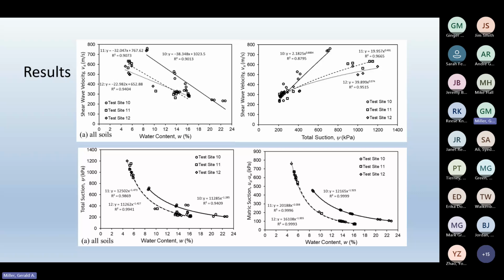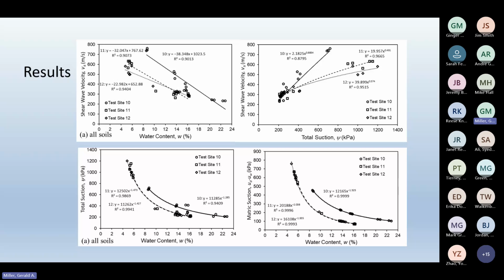What you notice is that if we look at it in terms of suction, all of the data tends to converge at a total suction of 200 kPa. And that's essentially, in terms of matrix suction, where we're approaching saturation. But at higher water contents, there's a significant difference that can be explained by the difference in the soil water characteristic curve.